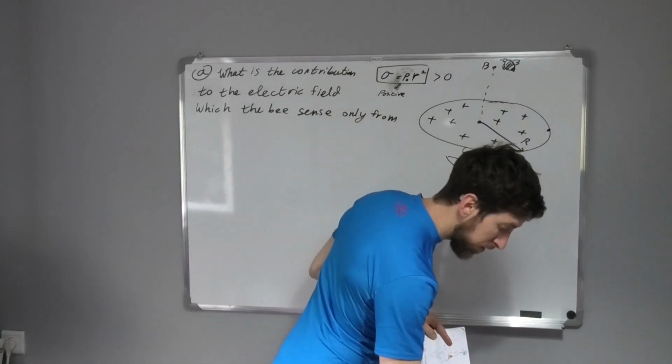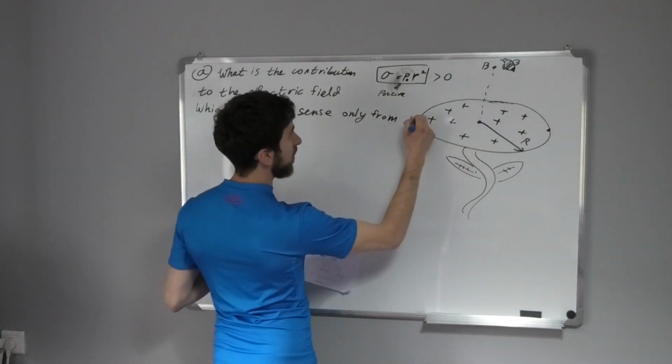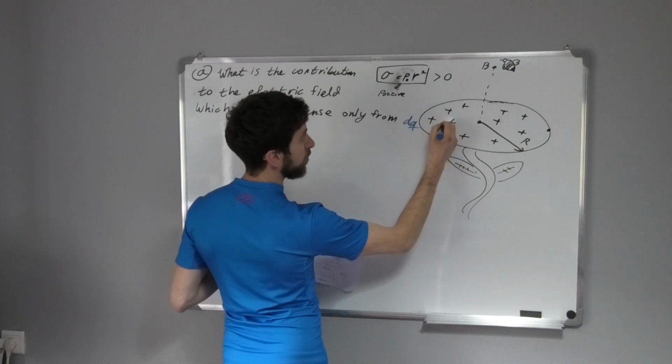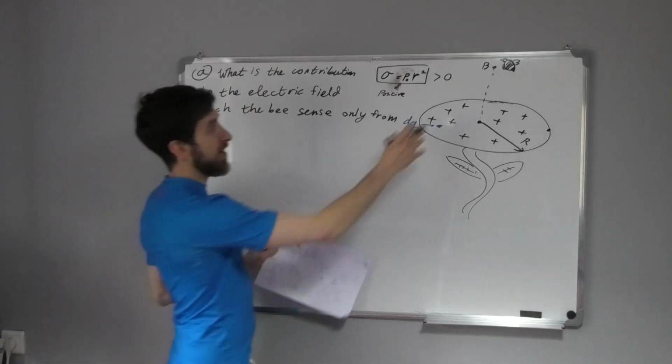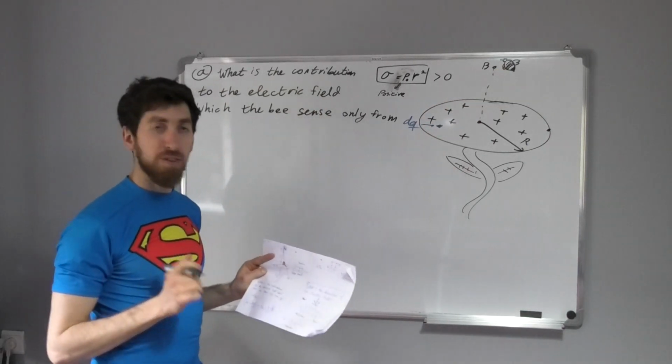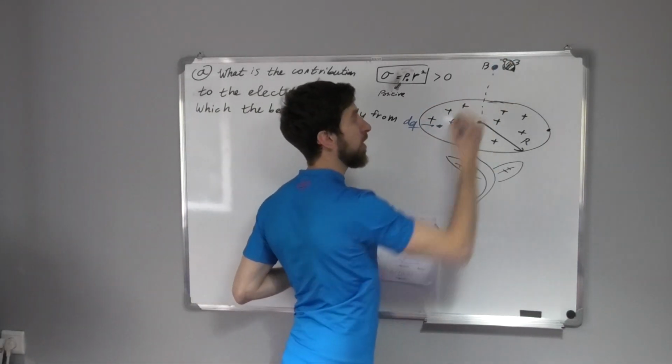Let's write the dq. Here it is, dq. So here I have some small charge. So the question is, what is the contribution to the electric field which the bee senses in location B?